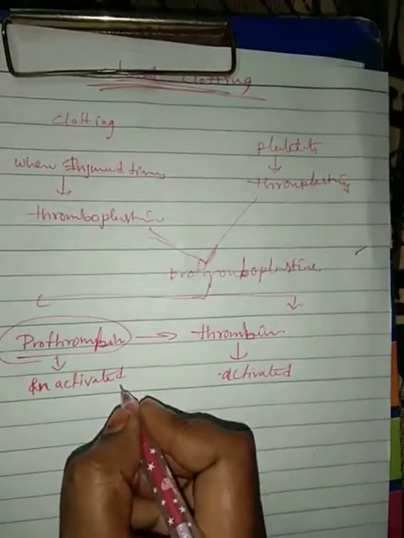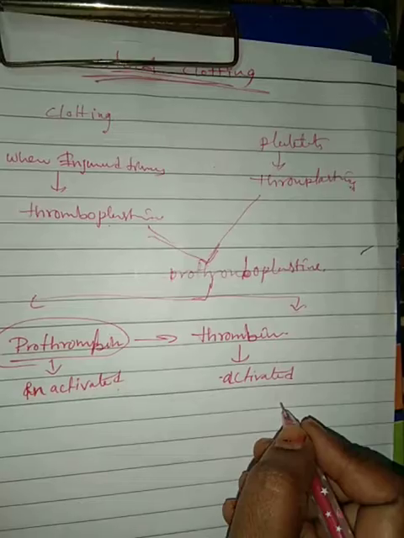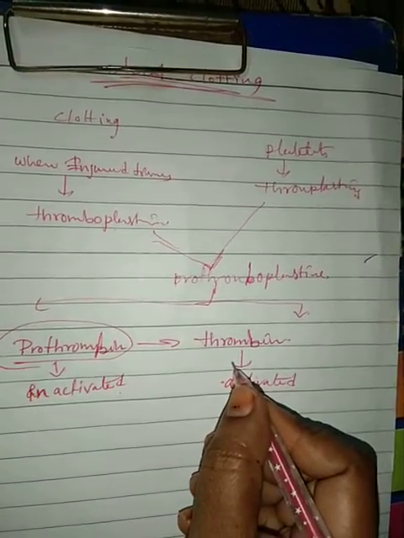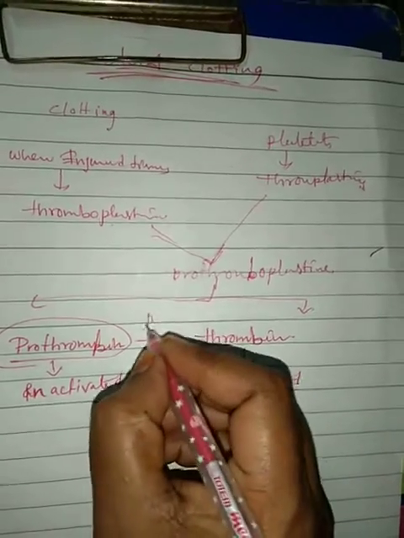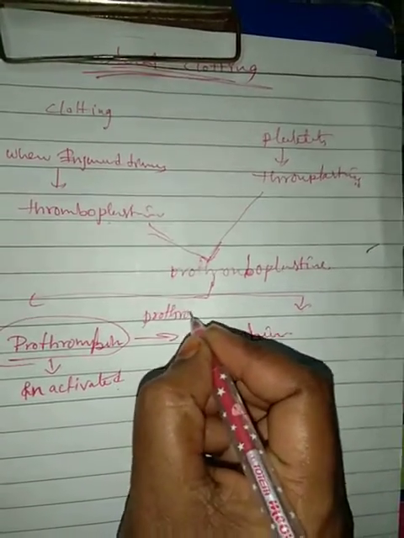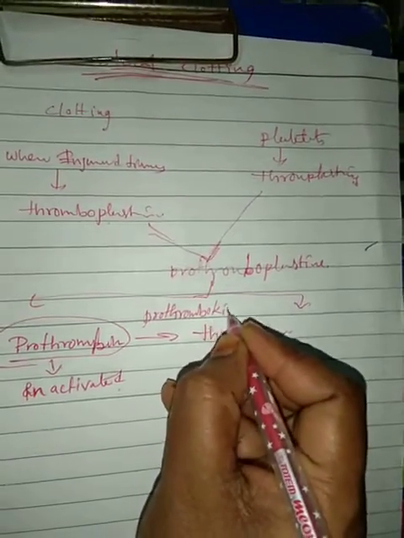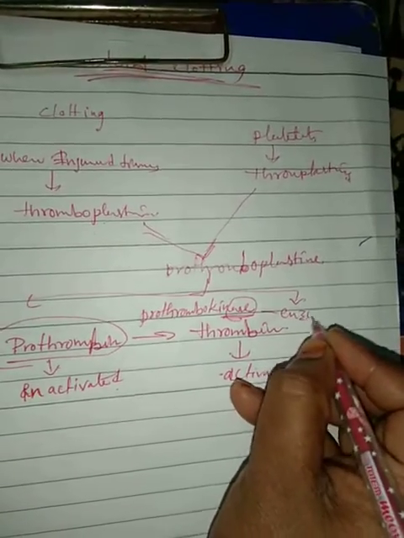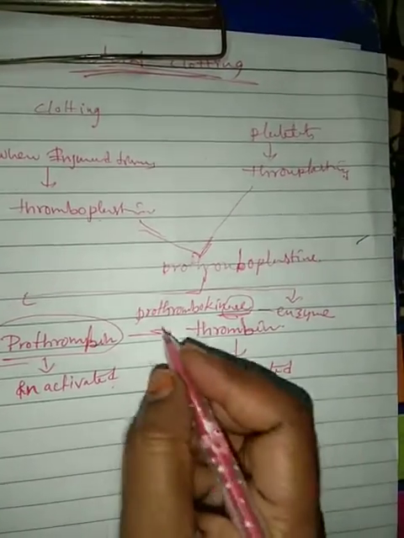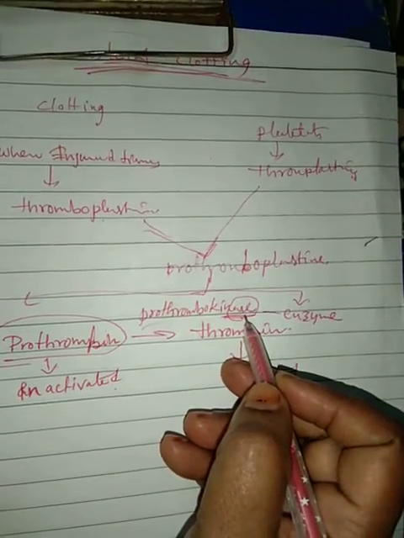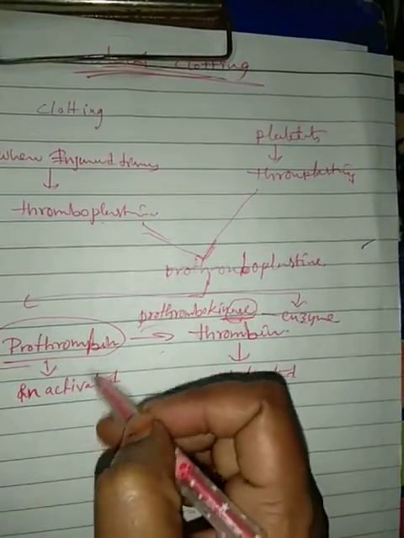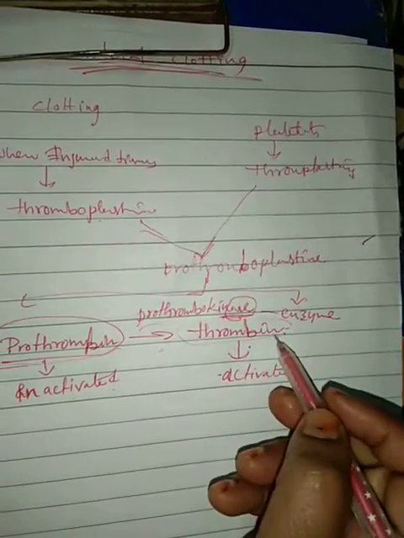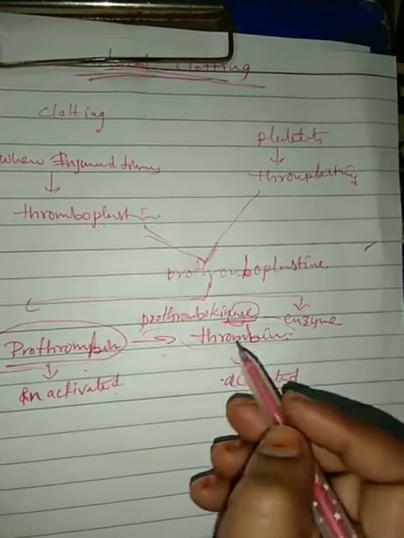The prothrombin is converted into thrombin in the presence of prothrombokinase, an enzyme. It converts the inactivated particle into the activated particle, that is, thrombin.